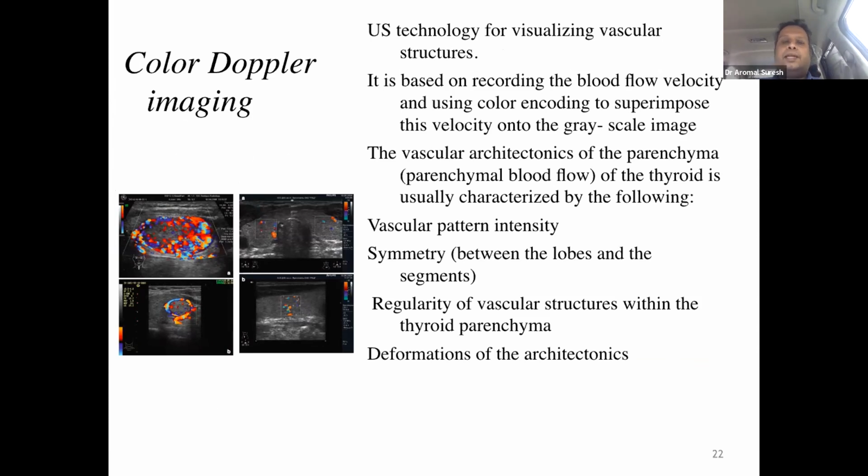But the main role of color Doppler in thyroid imaging is in Graves' diagnosis. Graves' disease can show a typical inferno pattern. The second thing is in parathyroid imaging. The parathyroid vascularity pattern is distinctly different from the thyroid vascularity pattern, which you can assess using color Doppler imaging.